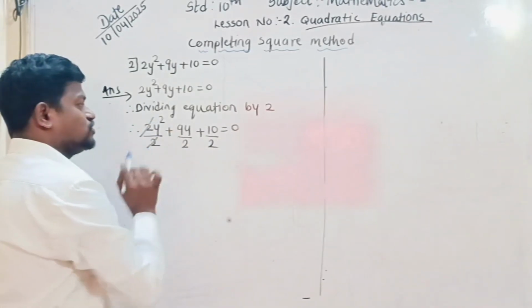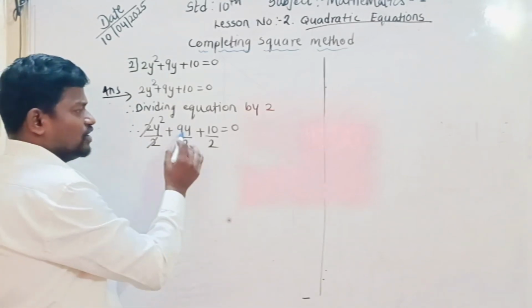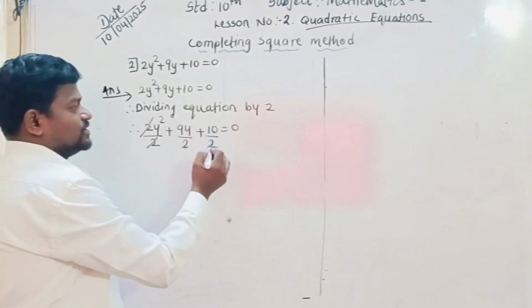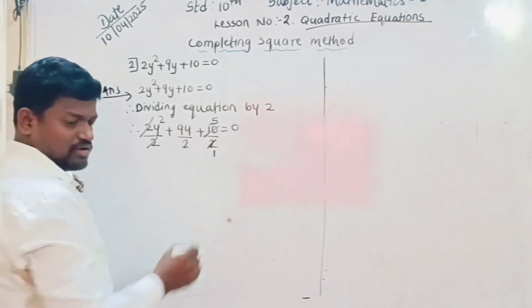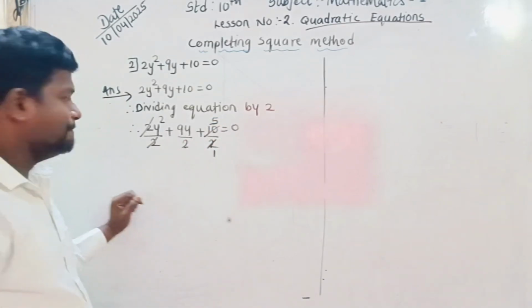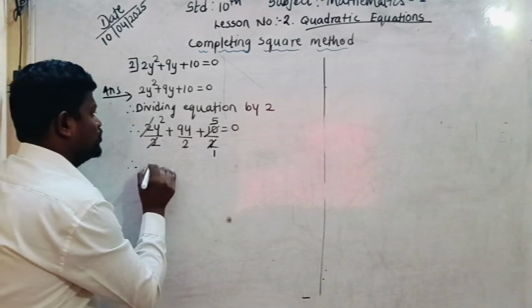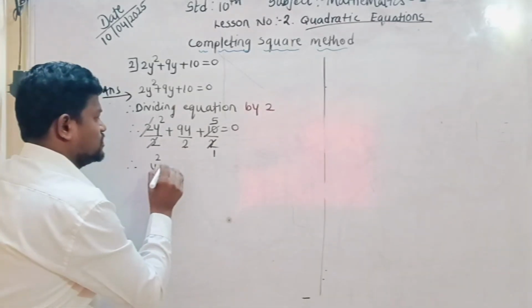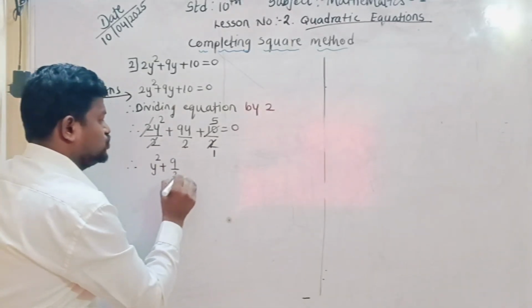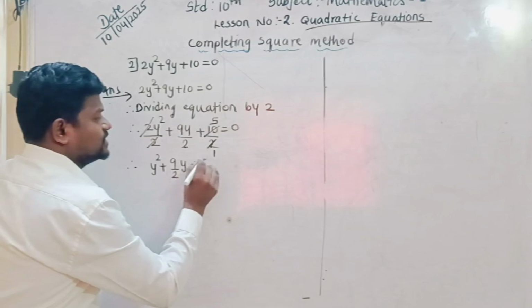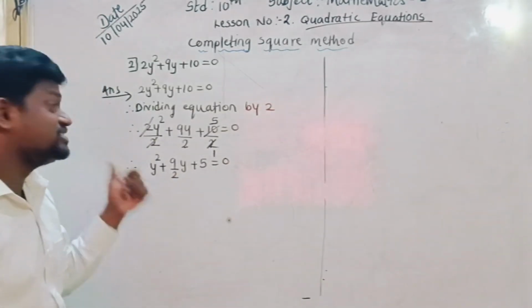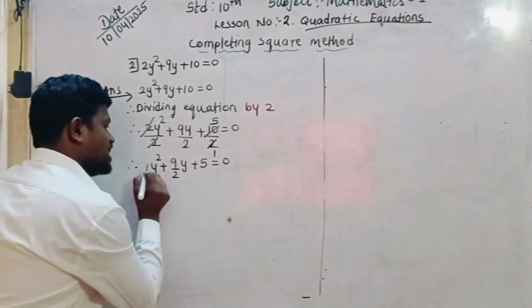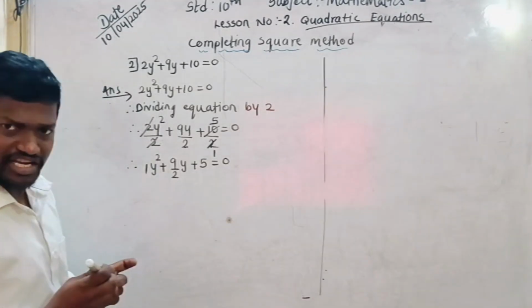See, these two cancel, 9 and 2 are not divisible, 10 upon 2: 2 ones are 2, 2 fives are 10. So we have y square plus 9 upon 2y plus 5 equal to 0. This is the question. See, now here we have one coefficient.